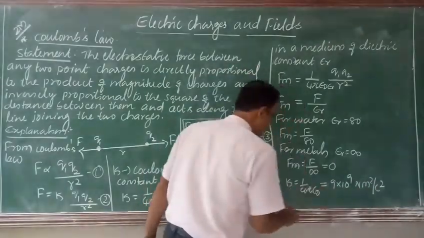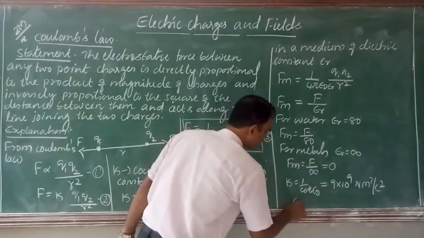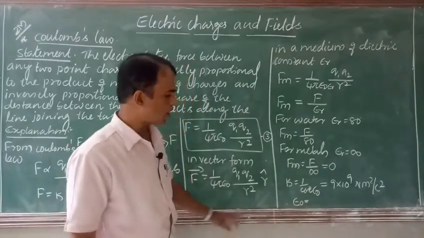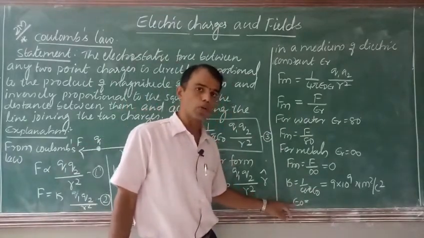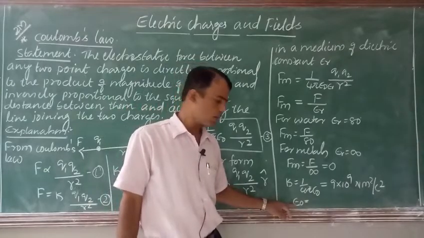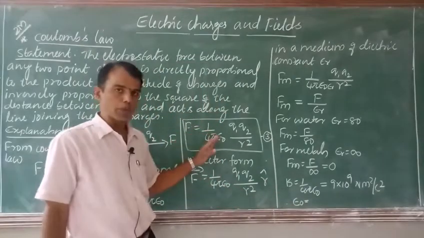Inside this we have a constant called epsilon naught, and this epsilon naught is called absolute permittivity of free space or vacuum.